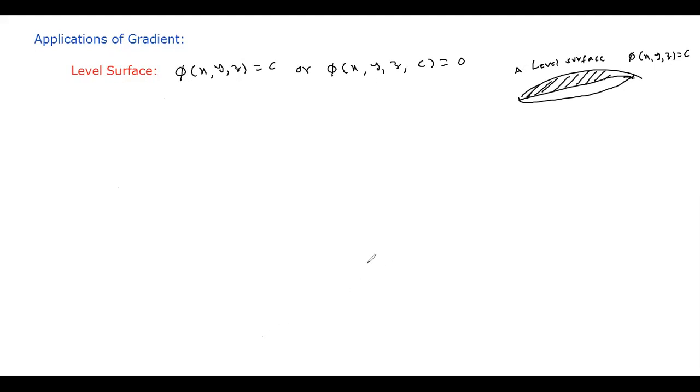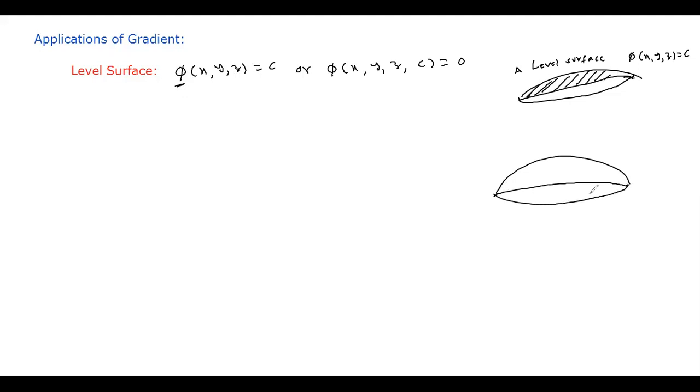If you have a level surface like this, if you compute the gradient of this function at a given point, that is a vector. The gradient of phi is going to be a vector. Now that vector will always be normal to the surface. How many points are there in the surface?